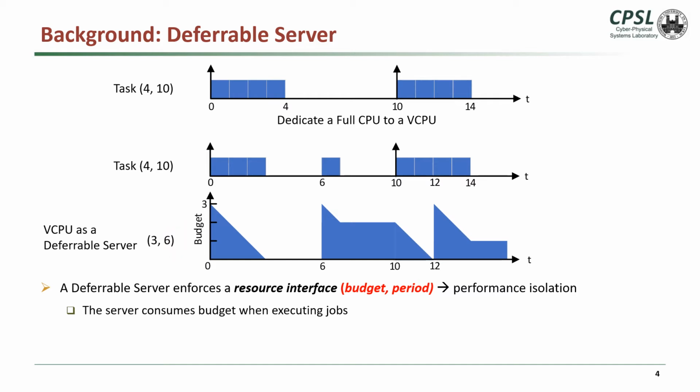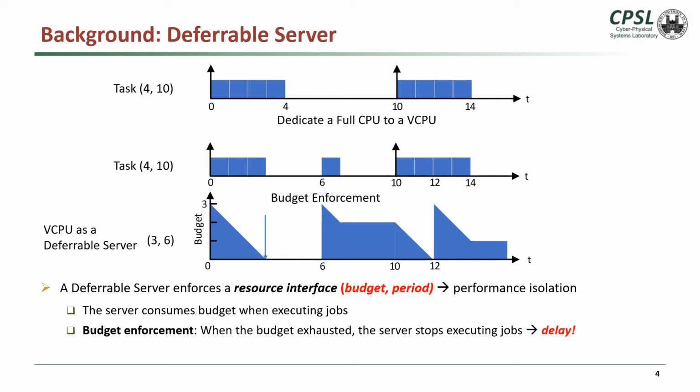In the first 3 time units starting from time 0, the task executes its jobs and steadily consumes the budget provided by the vCPU. When the vCPU exhausts its budget, the server stops executing jobs. This is called budget enforcement. As a result, the task can no longer run when the budget enforcement happens.